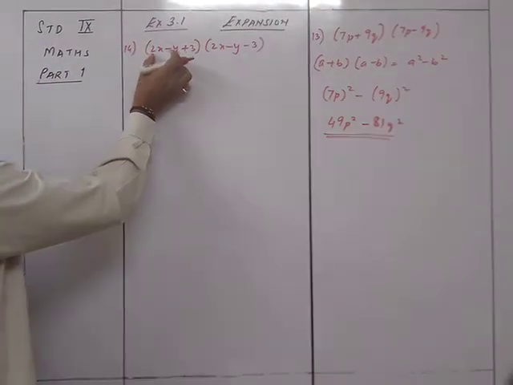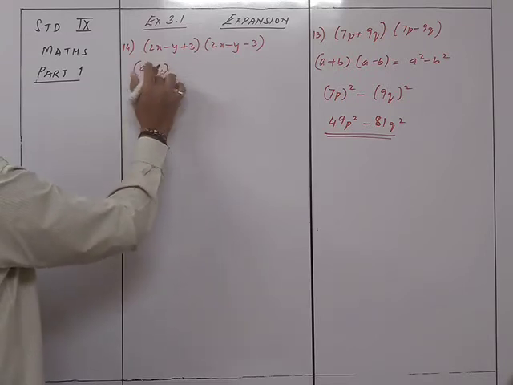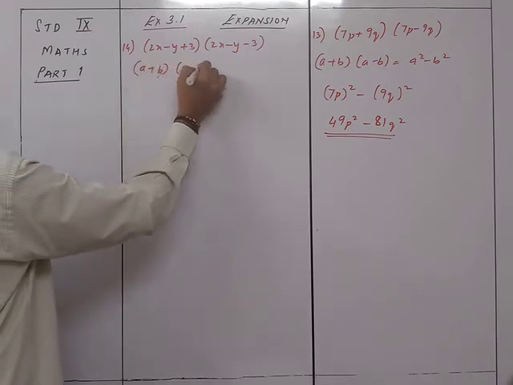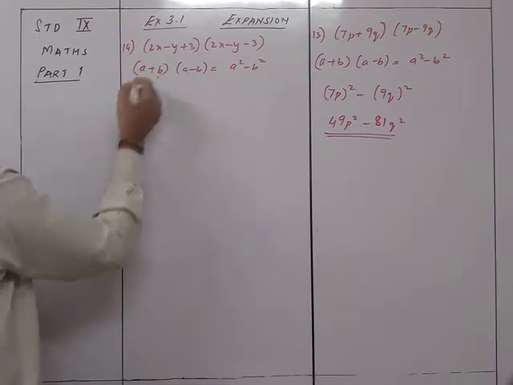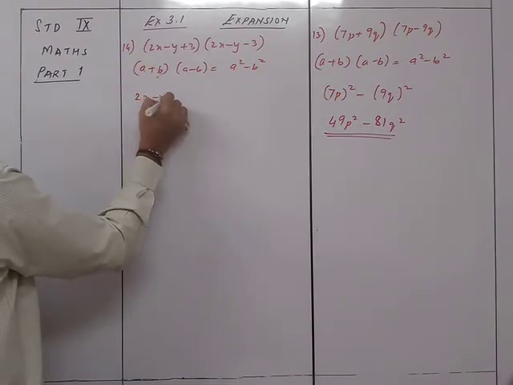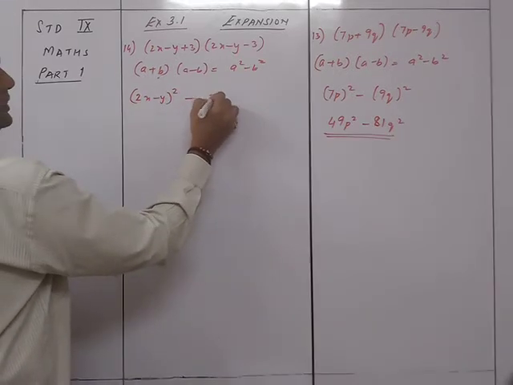So what we'll do is that we'll take this as a. So we'll take it as a plus b, a minus b is equal to a square minus b square, where a is nothing but 2x minus y, the whole square, minus 3 the whole square.